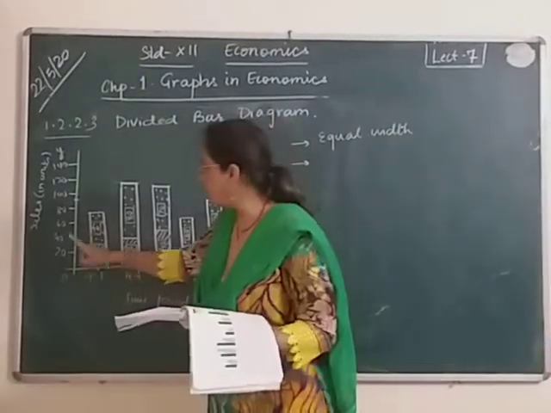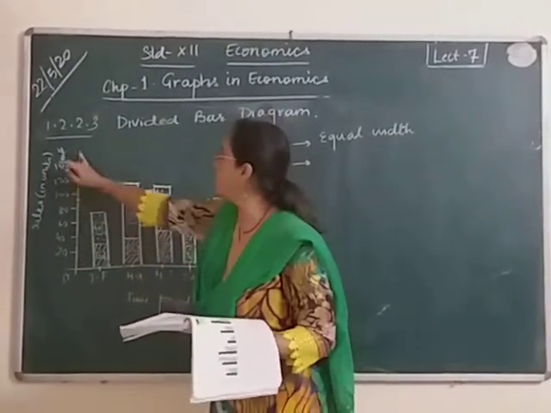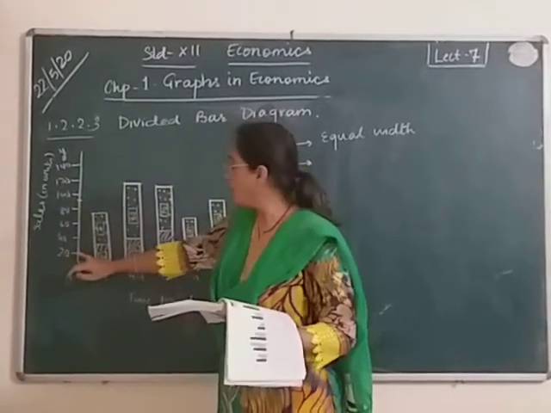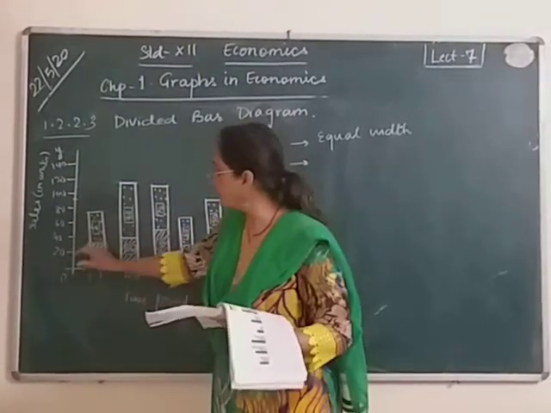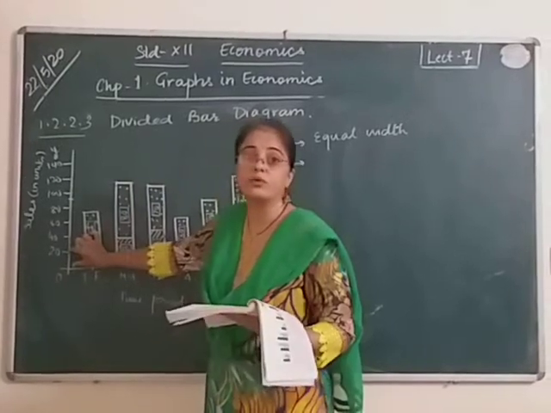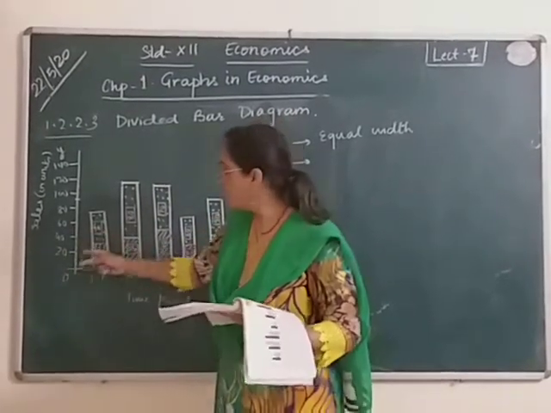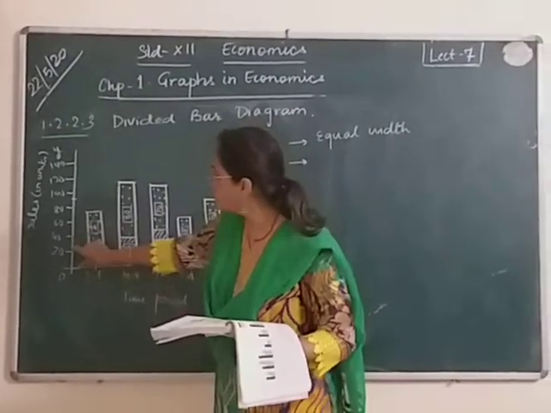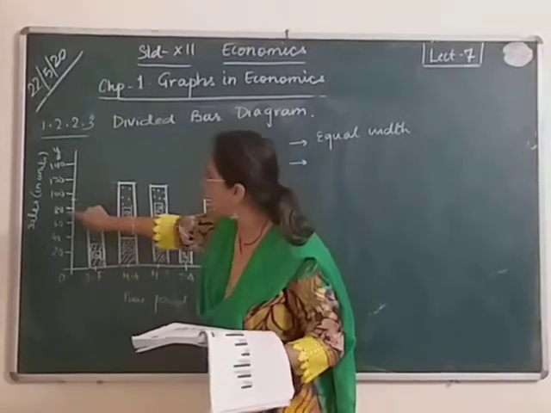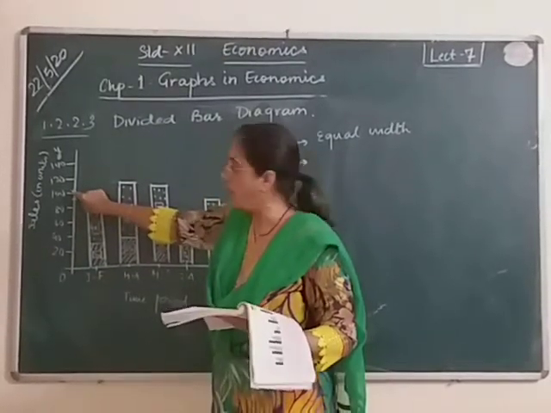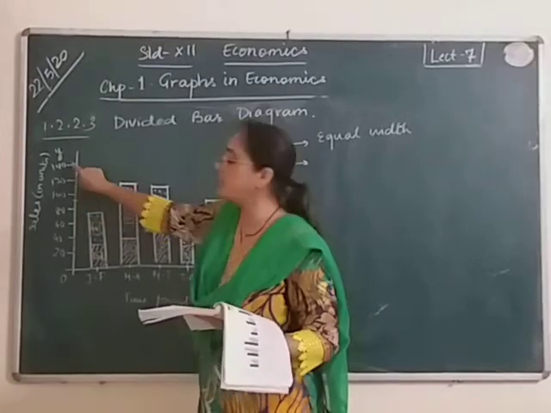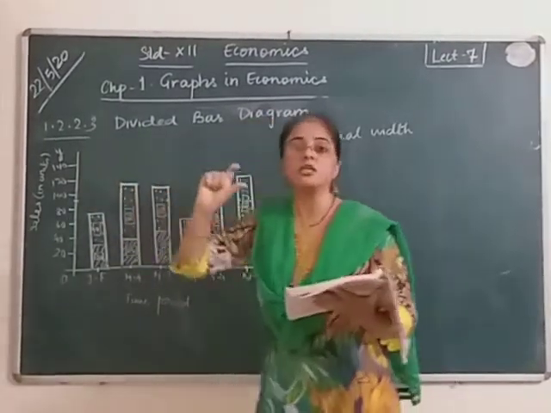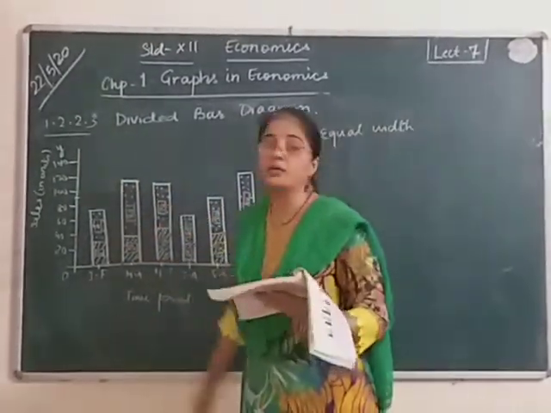Whatever you are saying, even this applies to your y-axis data also. When we measure something on the y-axis, we have taken 1 centimeter as 20 units. A similar gap should be there between 80 and 100, and the same gap should be between 120 and 140, because that is the equal length that we are taking.